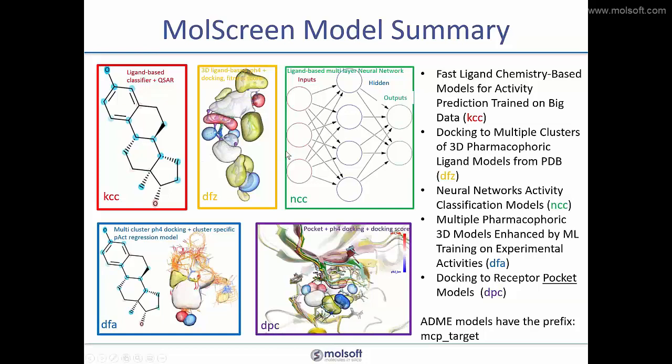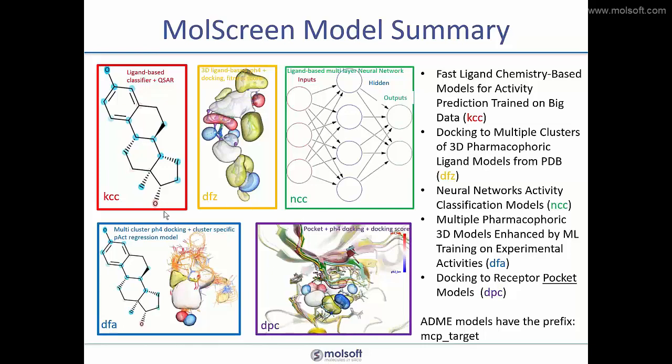We also have new neural network models, which are very fast. And when data is available, we try and combine as much data as possible into the models. So some models incorporate both the ligand-based and the 3D based. And the DPC models incorporate protein structure from the protein data bank, and also ligand information from the protein database, so the binding pose and multiple structure conformations, and they're basically a docking model.